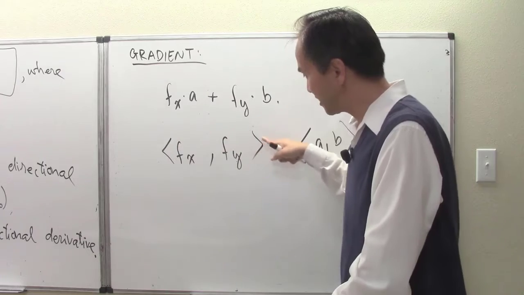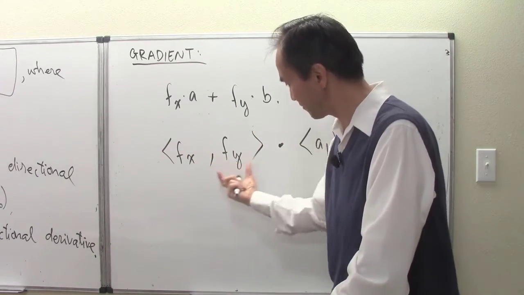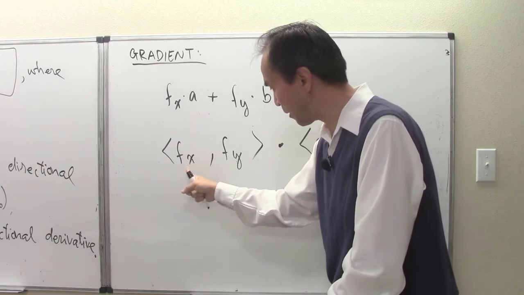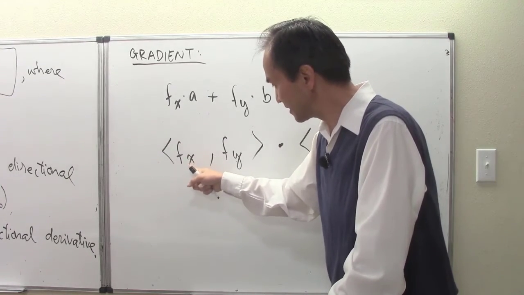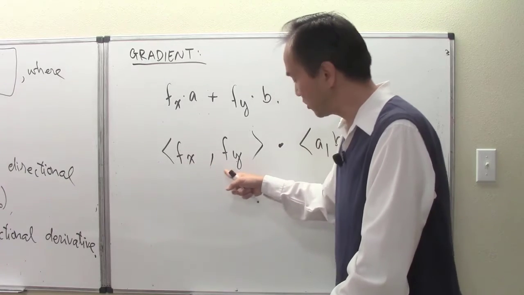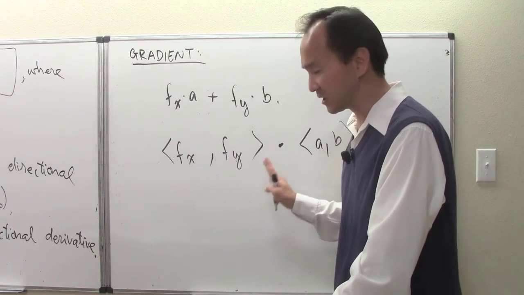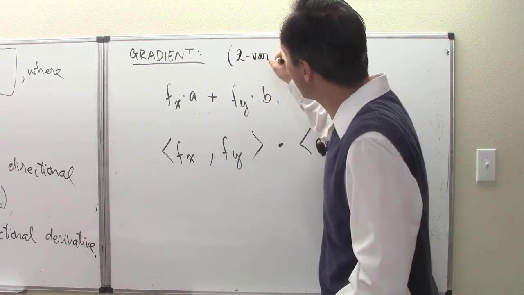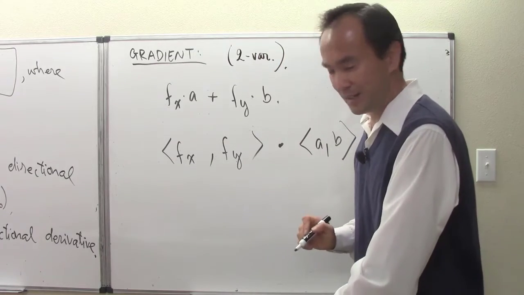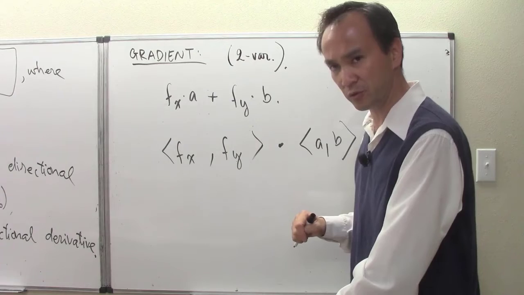But if we purposely put that in the vector setting, we realize we can create a vector whose x component is f sub x and whose y component is f sub y. I'm working specifically with functions of two variables for now, but the concept can be easily extended to functions of three variables and more.